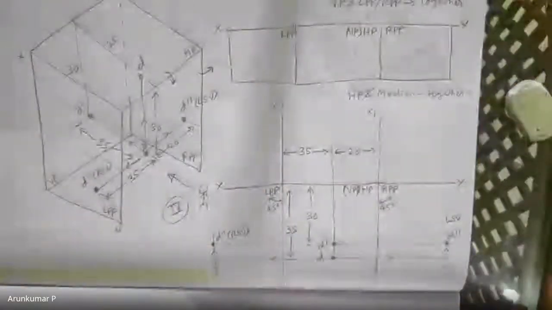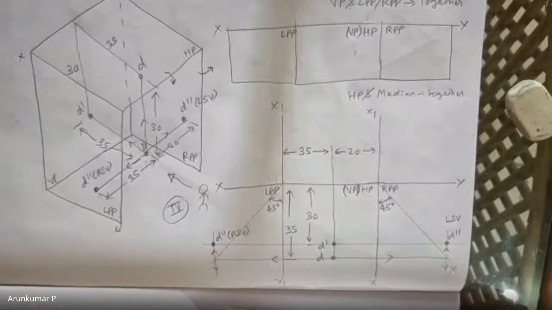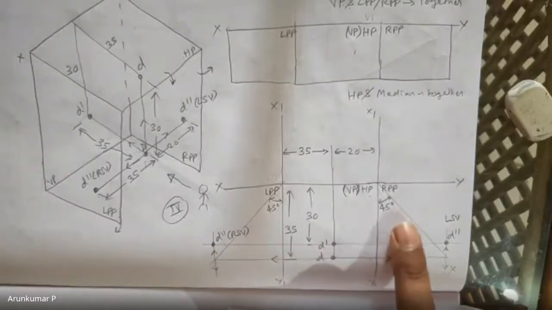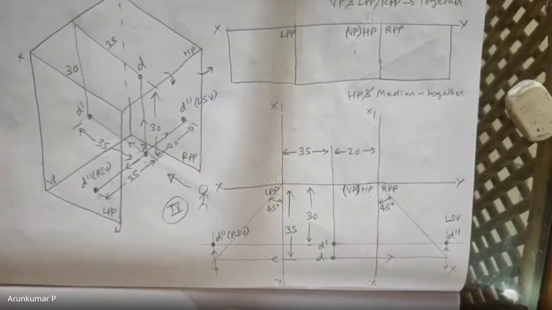Then locate the front and top view. And then project it and get the side view. In this case, since HP is below XY line, so the median line will be besides HP. So you have to draw the median line besides HP in RPP as we have drawn here in this case. So these are two problems which involve the side plane and which are in the first and the fourth quadrant.